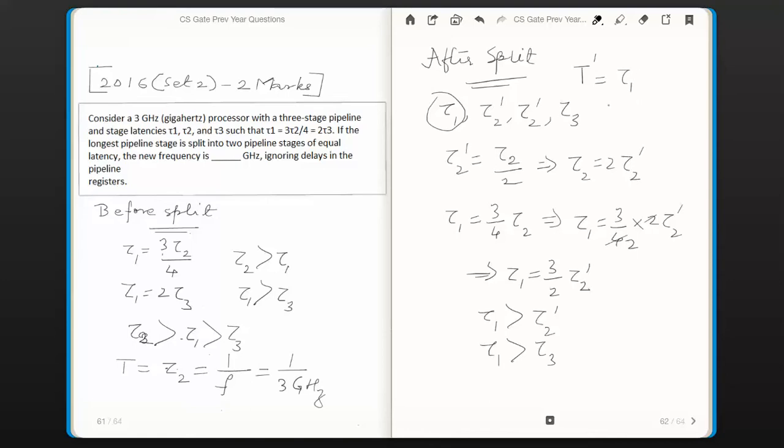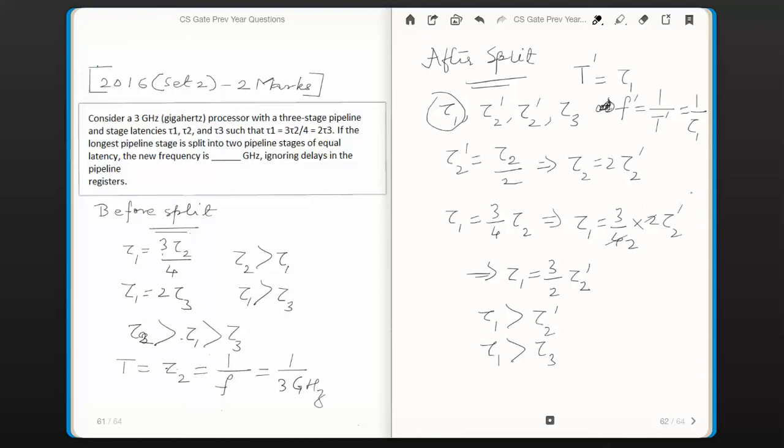Now we need to find out the frequency. Frequency here, let it be f dash, is 1 by t dash, and that is equal to 1 by tau 1. This is what we need to find out, the frequency of the new processor after split.